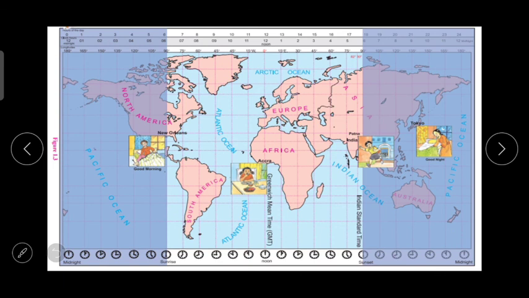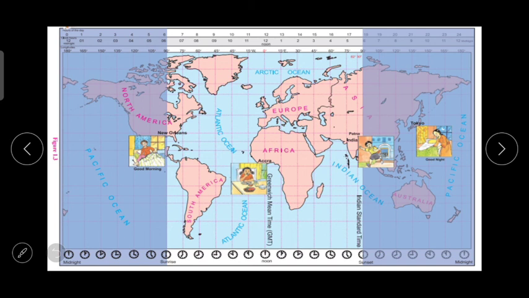Next, this one is the figure given in our textbook, and we have studied that the local time is different in different parts of the world. The daily routine of the people there is determined according to the local time in those places, and the figure shows the local times of different longitudes.